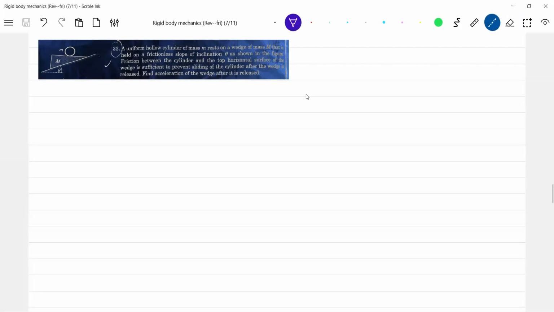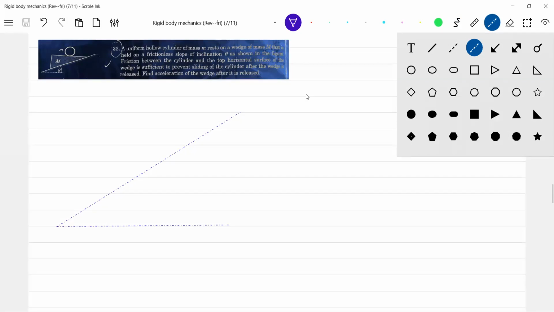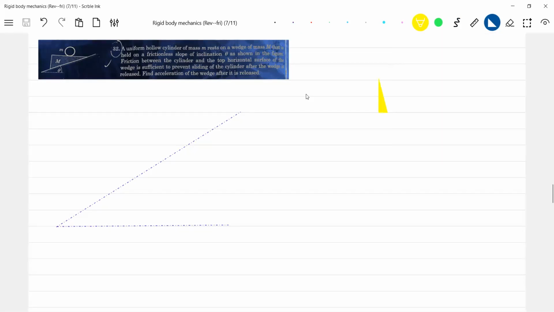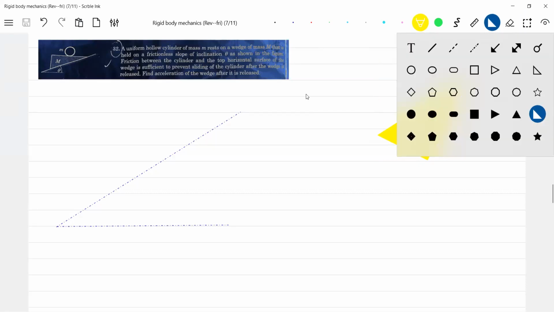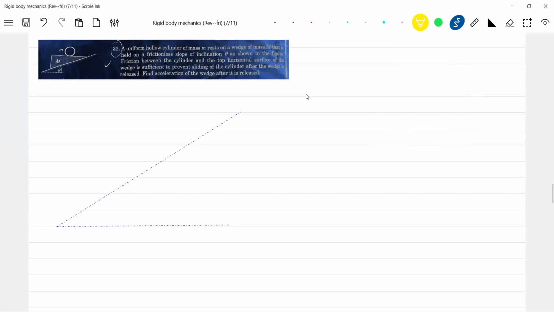We have an inclined plane. Then we have a triangular wedge. I'll draw it.